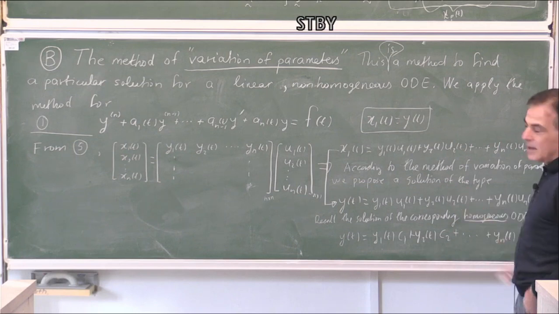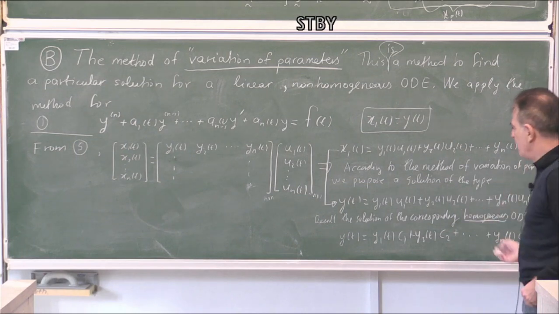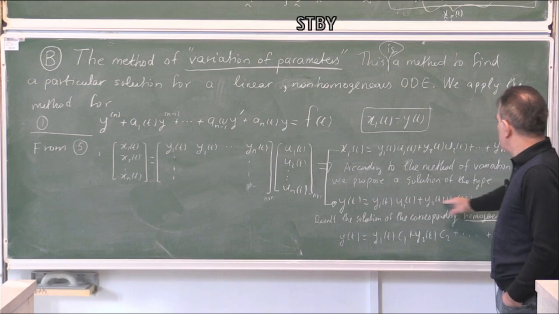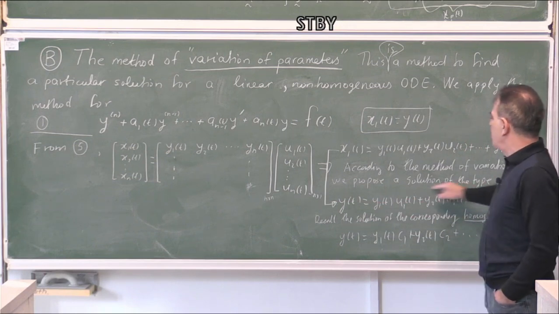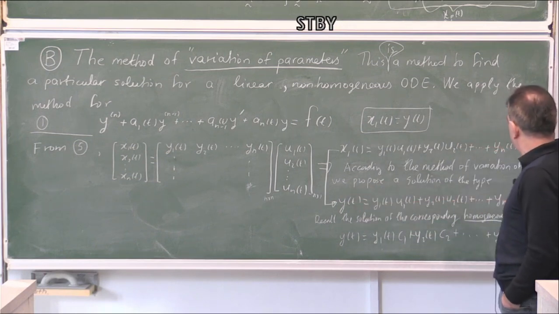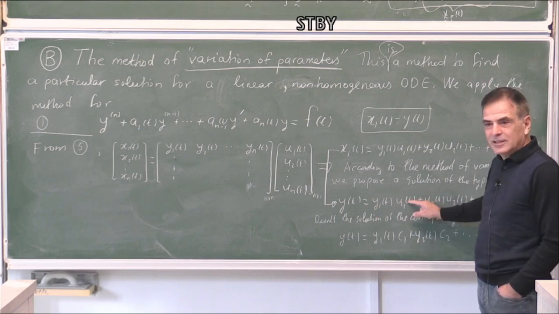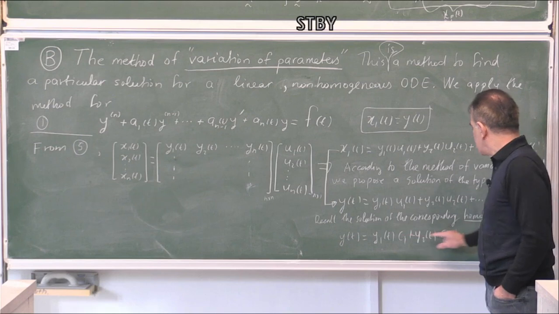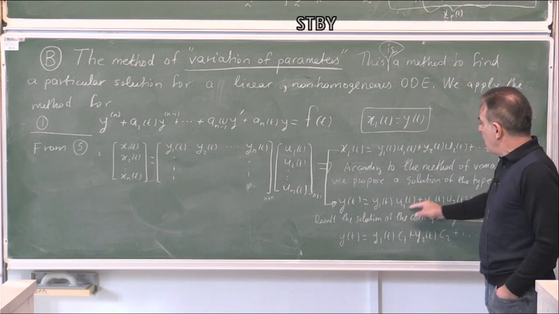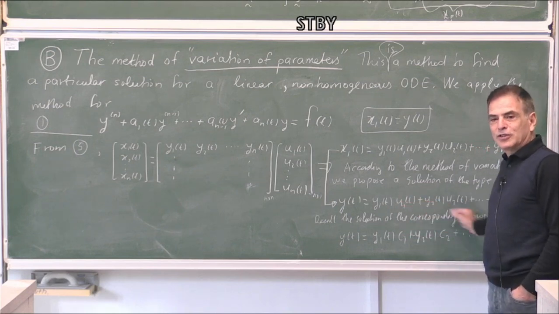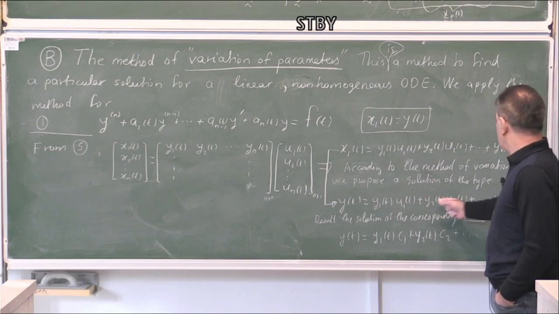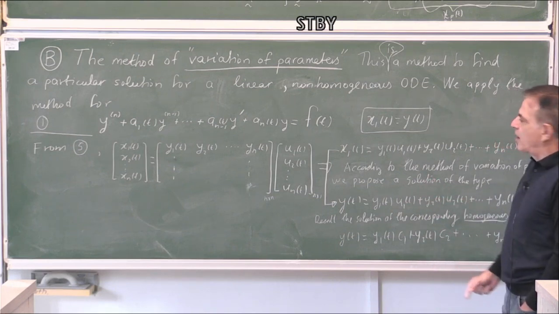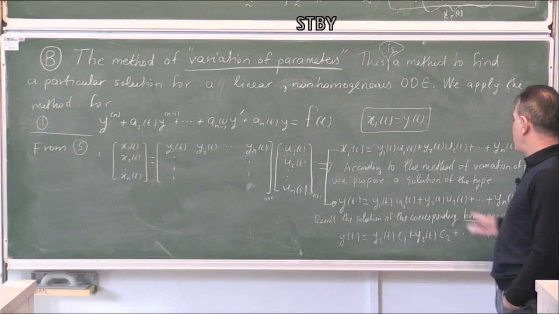So as you see, the same idea is true. This solution, which is proposed to be a particular solution, contains, in place of fixed arbitrary constants c1, c2, cn, varying functions of t. So our method is called the variation of parameters.